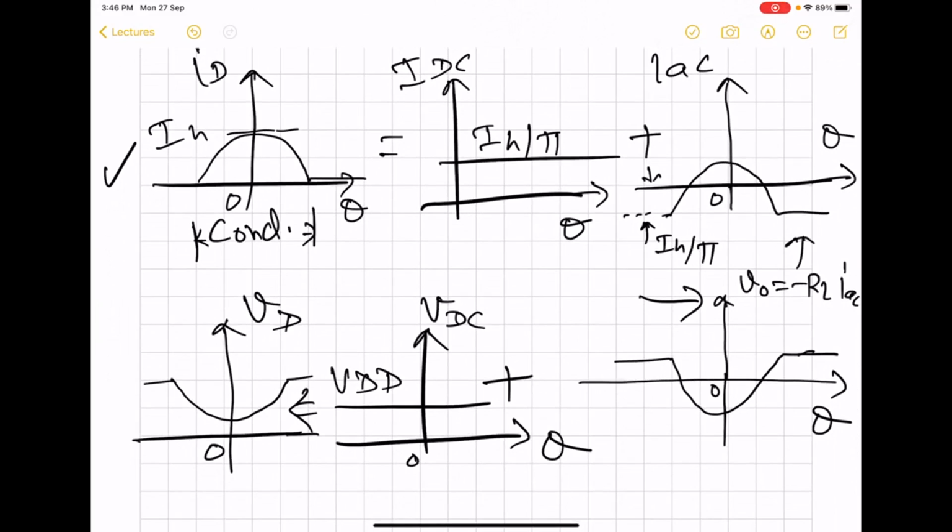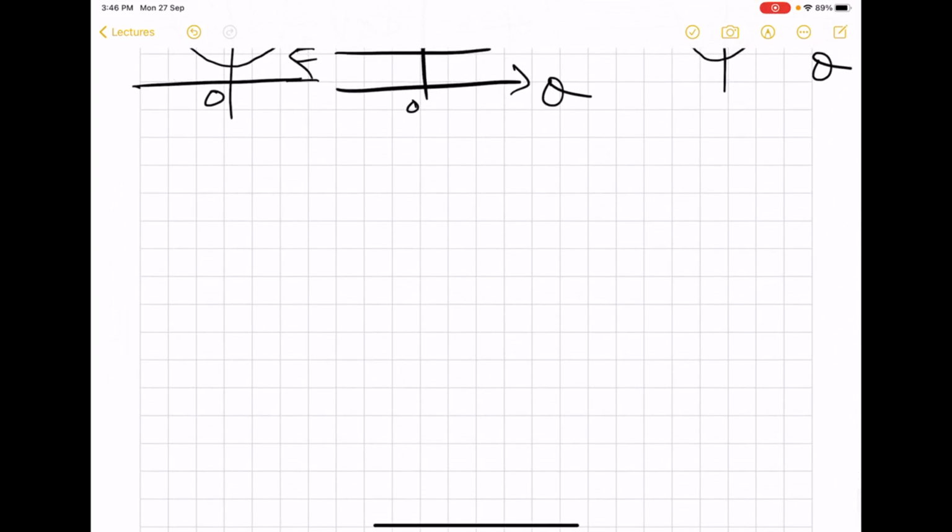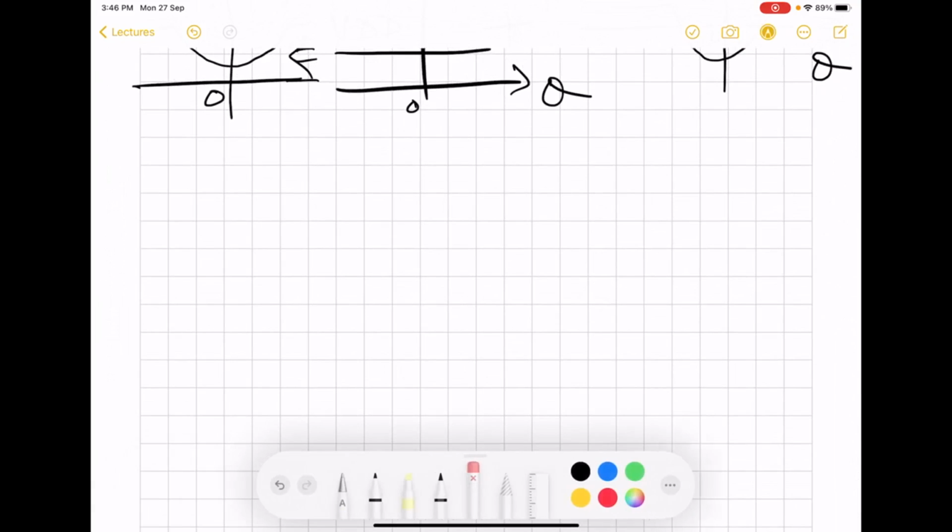And then both are contributing to the load. And in that case, we can still get the sinusoidal output. So that version is called the push-pull version.